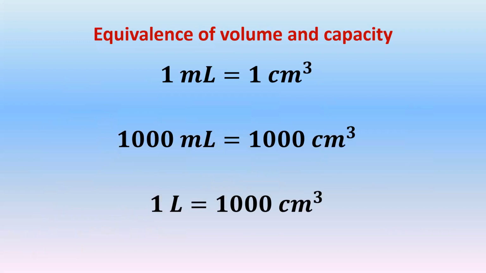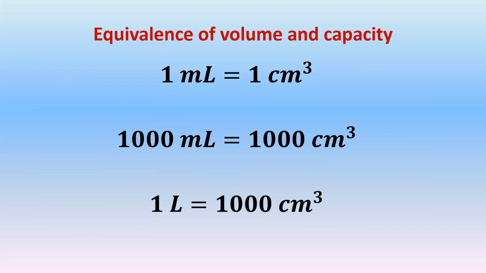Now, let's have a look at some equivalents of volume and capacity. As shown in the previous slide, 1 milliliter is equal to 1 centimeter cube. Therefore, 1000 milliliters is equal to 1000 centimeter cube. We know that 1 liter is equal to 1000 milliliters.